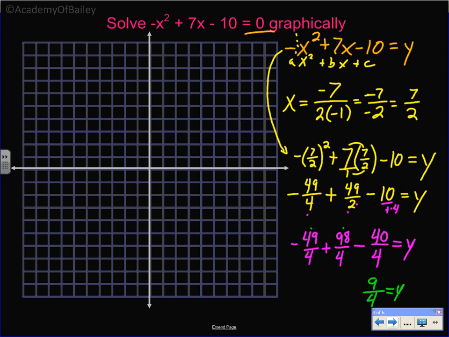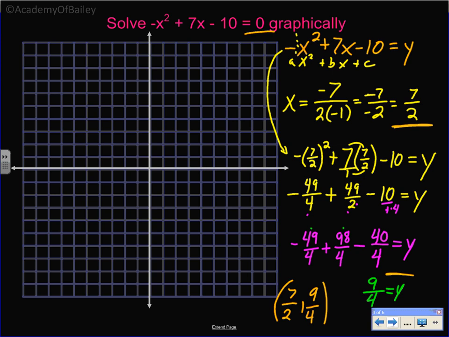And so our vertex, x was 7/2 and y 9/4. So 7/2, 9/4. So 7/2 is approximately 3.5, right?